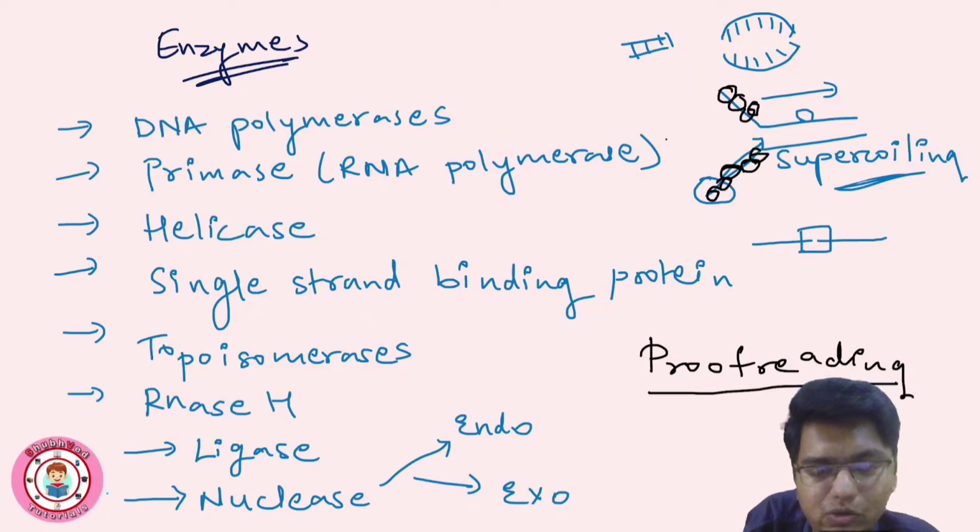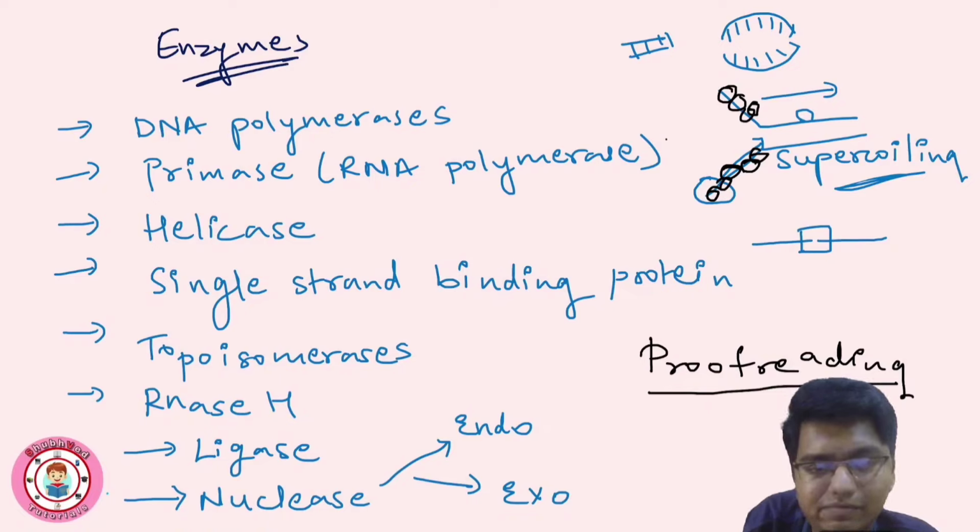In prokaryotes and eukaryotes, the names of these polymerases or enzymes are different, right? These are the common names, but the specific names differ from species to species, or organism to organism. That we will discuss in the next videos.